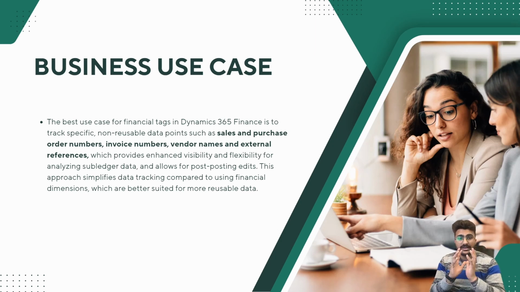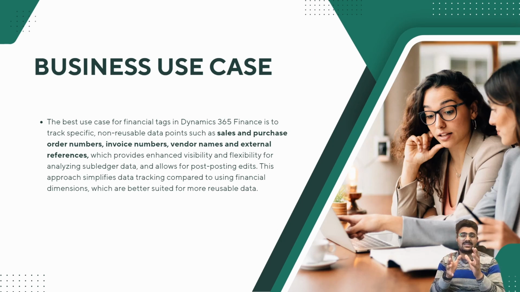It means financial dimension requires a structured way to define a financial dimension on the main account level. But in case of financial tag, it is not required at all to define a structure. You can use the financial tag anywhere, and it gives you more flexibility.